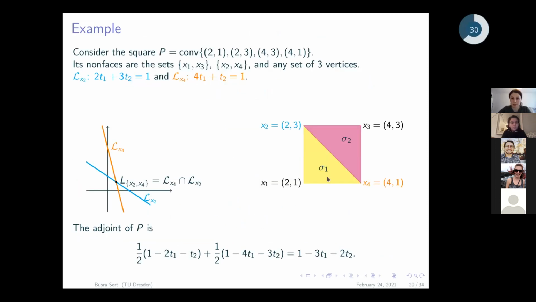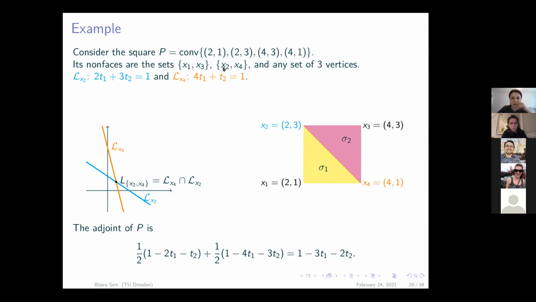Let's make an example. Again, we have the same square. We said that x1, x3 and x2, x4 give non-faces. Also any set of 3 vertices will give a non-face, but in this case, when we consider those linear spaces, their intersection will be empty, so we don't need to consider those.